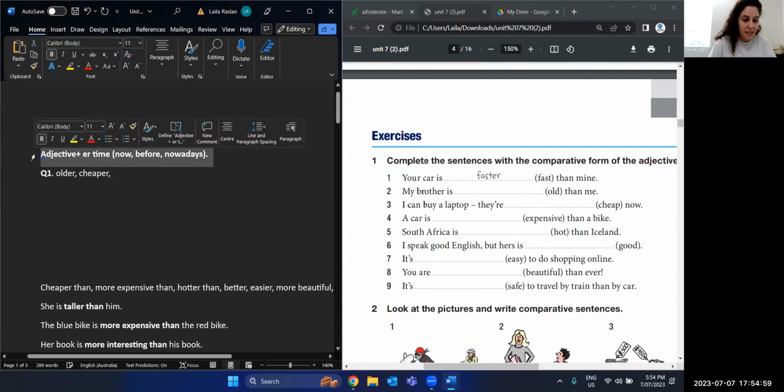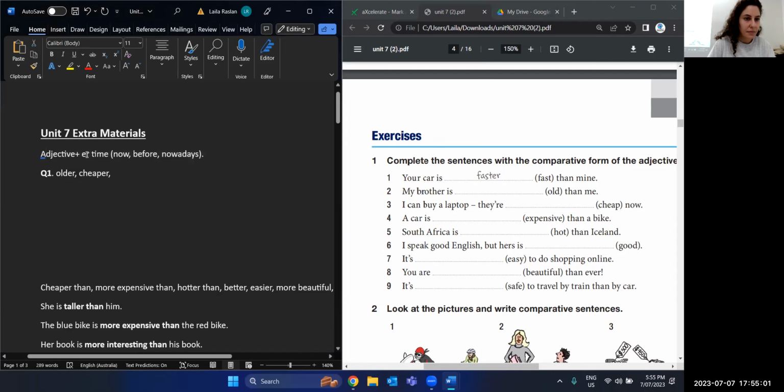So do you want to make a sentence? You want to try to make a sentence?